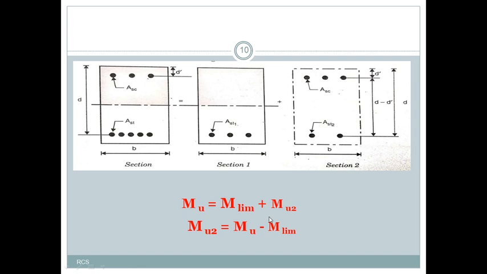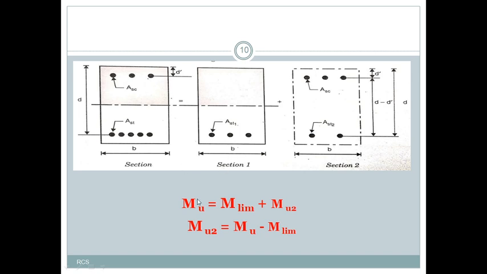Right. We already know this value Mu, and this we can calculate using the formula Mu limit equal to k into BD square. The k value depends upon the grade of steel we are using here, and B and D are already given to you as dimensions, from which you can calculate.